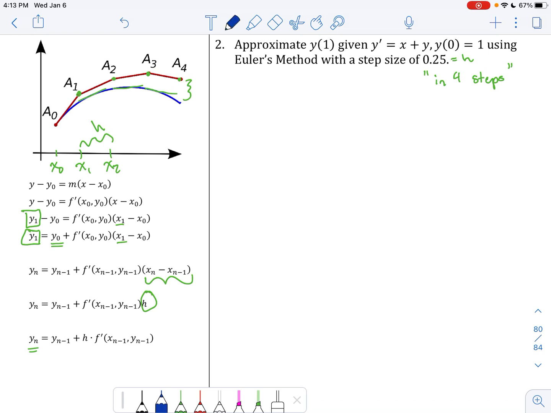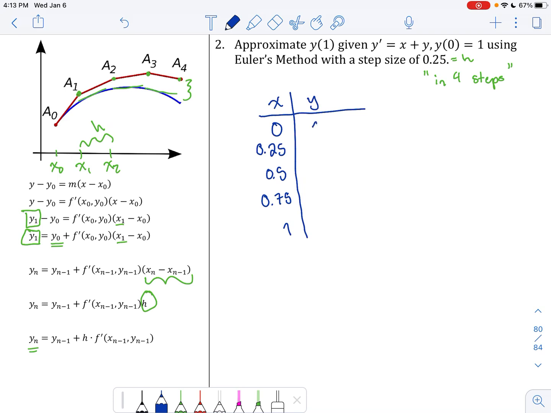Now, the way that I like to start Euler's method problems is that I make a t-chart where I have my x values that I start at, and then I have my x value I end at, which in this case we go from 0 to 1. I know what my step size is in this case, so 0.25, the next is 0.5, the next is 0.75. Just fill them in with whatever you need to.